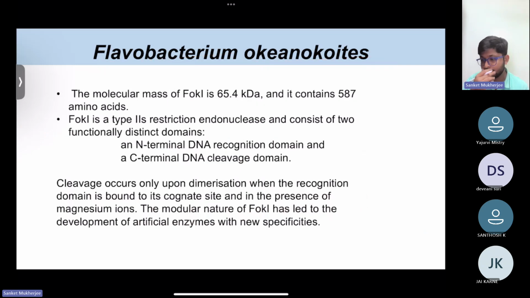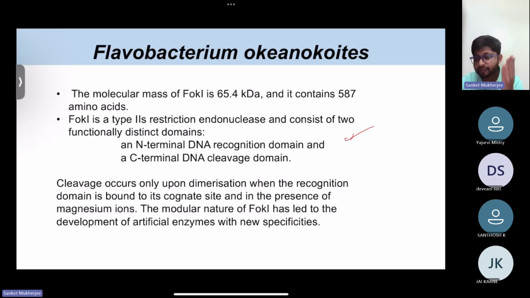Now, the molecular mass of FokI is 65.4 kilodaltons. It contains 587 amino acids. FokI is a type 2S restriction endonuclease. It consists of two functionally distinct domains. We already talked about this. And cleavage only happens when there is dimerization.